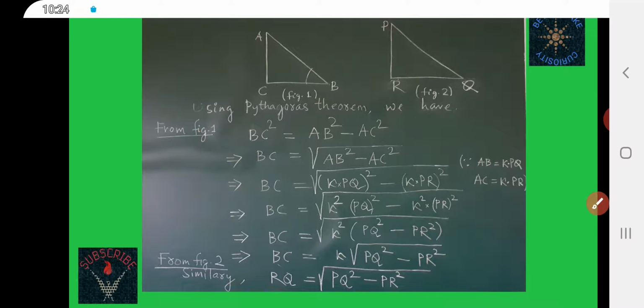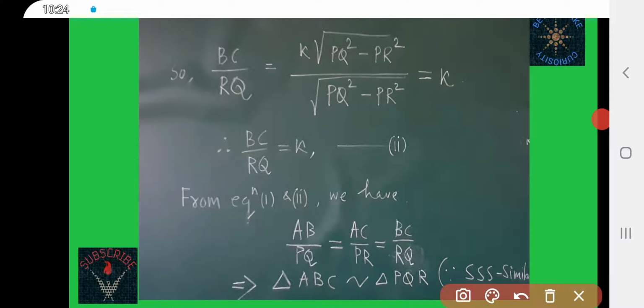See here BC by RQ, BC you know this much and RQ this much, so here the square root of PQ square minus PR square cancels, they are equal, then you get K. So BC by RQ is equal to K. Give it equation 2, and equation 1 is your AC by PR is equal to AB by PQ is equal to K. This is your equation 1 we got.